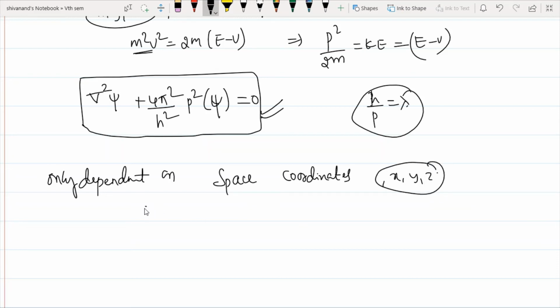It is not dependent on time, the time dependency is not there, right? See this equation, you can observe this psi is only a function of x, y, z, as we are taking a second derivative of psi, so it is only dependent on space. There is no time dependency in this equation. That's why this equation is called time independent.